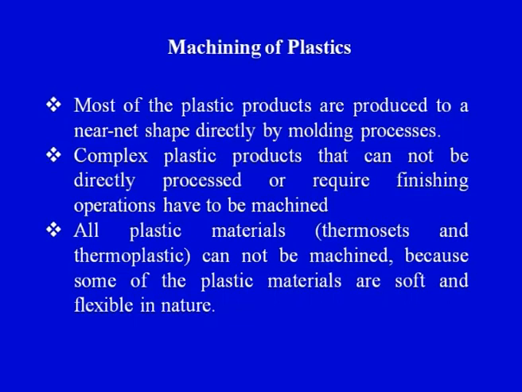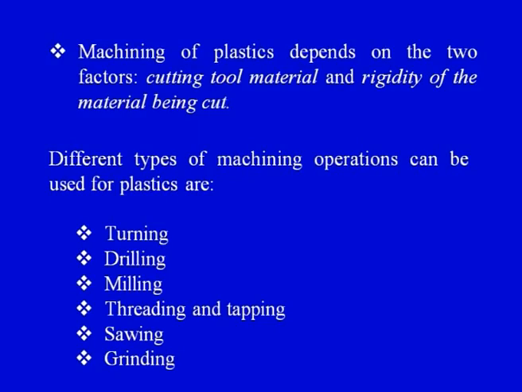So some of the plastic parts are soft in nature and sometimes they are flexible in nature, so it is difficult to machine them. So some of the important points that have to be taken into account while discussing the machining of plastic are the type of the cutting tool material that should be used for machining of plastics, and secondly the rigidity of the material being cut.